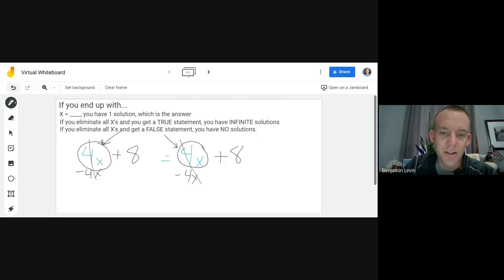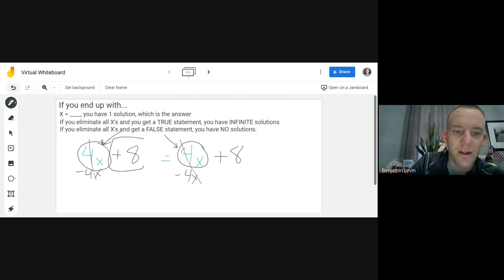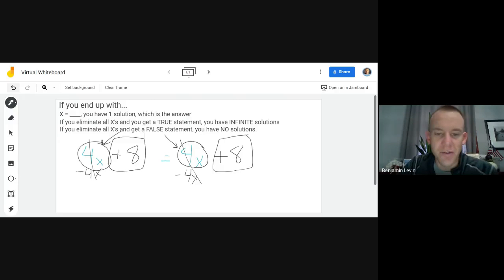In this case, you have infinite solutions, right? Because then you end up with 8 equals 8. So that's a true statement. This particular equation would be infinite solutions.